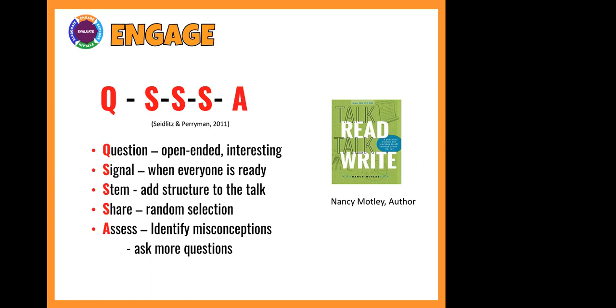So we begin with a question. The questions need to be open-ended because open-ended questions have a lot of answers. If you put a question that is closed-ended, there's only one right answer and a lot of wrong ones, right? So we want to make sure your question is open-ended. Then we need to provide our students with a signal, some kind of way where they can let us know they are ready to answer the question.